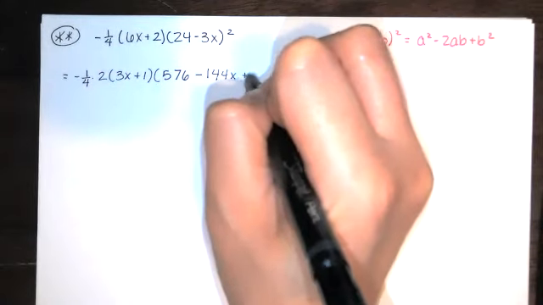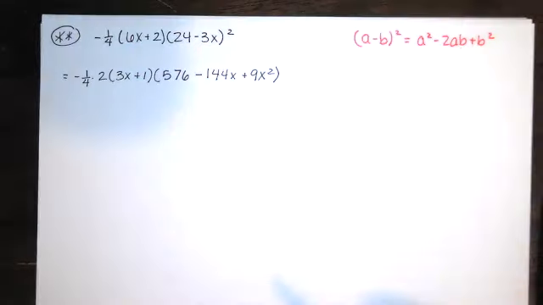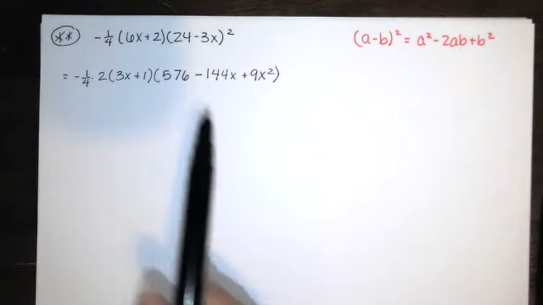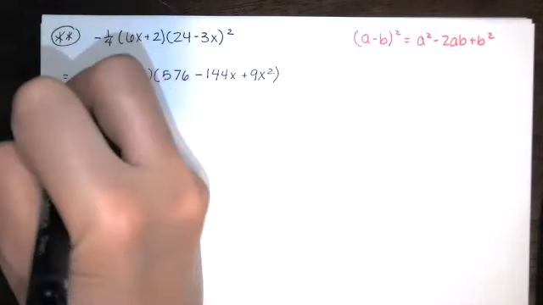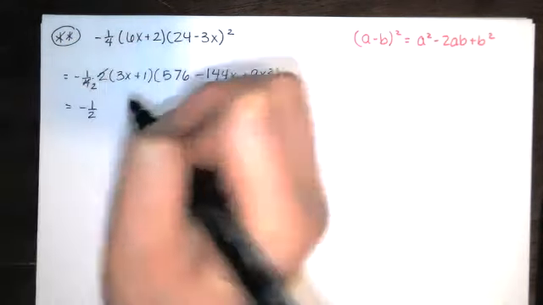And then negative 3x squared is plus 9x squared. Okay, and that 2 goes into the 4 twice, so we have a 1/2 here.